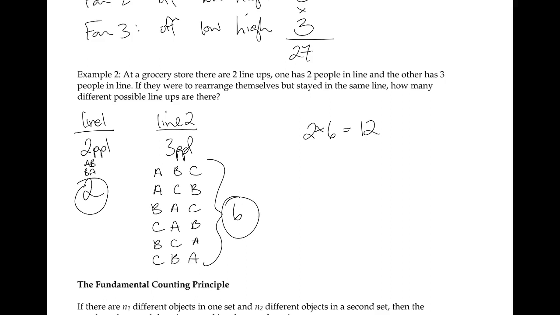which is 12. And the reason we multiply again is because for each, so if I just chose AB, I still have 6 options. But then if I chose BA, I'd have 6 options for the second line. So I've got 2 different settings where I'd have 6 options for the second line. So that's what gives me that 12 versus 27.